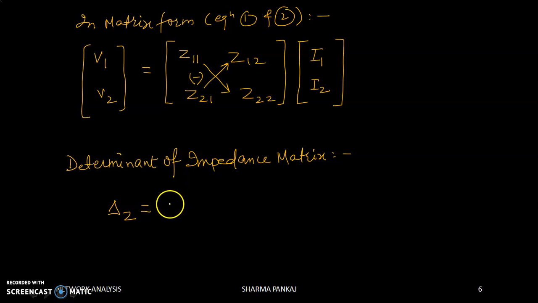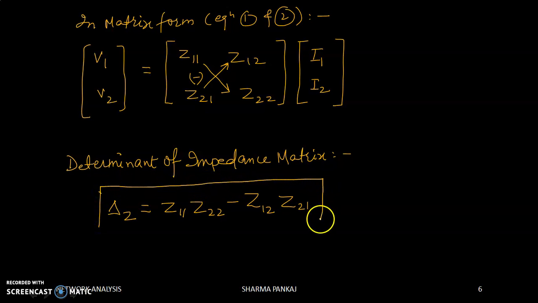That is, Z11 into Z22 minus Z12 into Z21. This is the determinant of the impedance matrix.